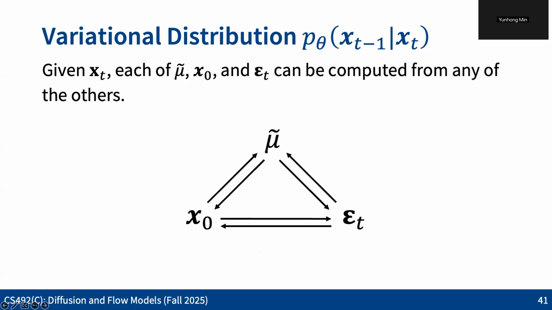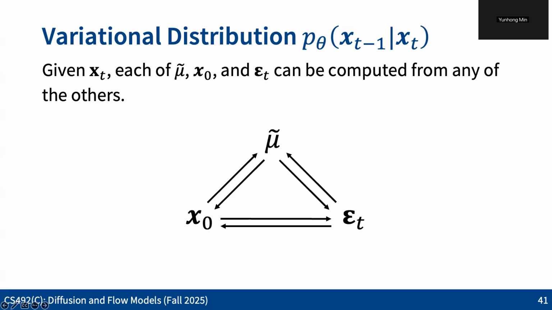As you can see, given x_t, whether you have the mean or the x_0 or the epsilon_t, given one of those, you can also compute the others. Which means that even when you have a mean predictor or a noise predictor, you can also compute the expected final output, right? And you can also compute the noise from the mean or the clean sample predictor, right? So those are interchangeable.